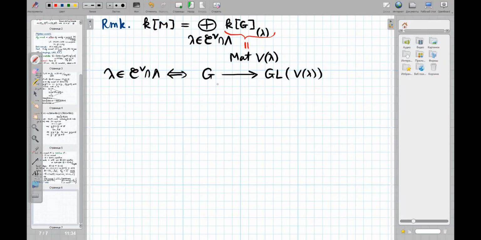So this homomorphism, the representation of G, extends to the representation of M in endomorphisms of V of lambda.